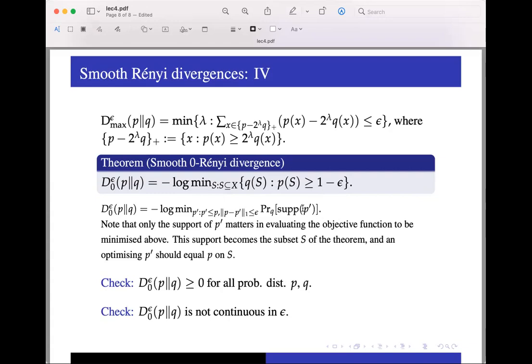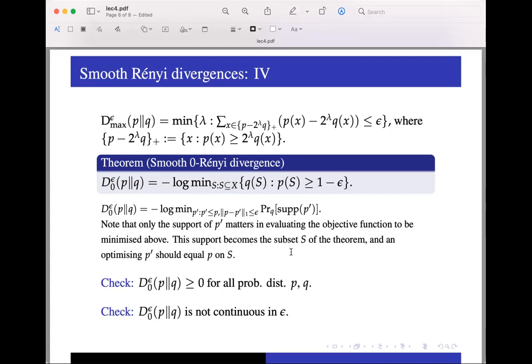So I can ask what is the probability of the support of P prime under Q, and then take the negative logarithm, that is D0. But note that for the purpose of D0, only the support of P prime matters in evaluating the objective function to be minimized. Then really it is the support that matters, because the support is the only thing that enters this.